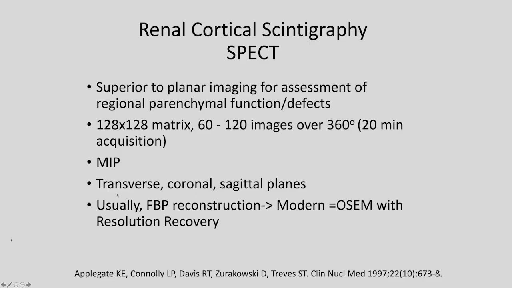Typically, in the recent past and even today, reconstruction is done by filter back projection. However, modern systems provide reconstruction with OSEM, with resolution recovery, which is superior, as I will show you in a moment, to filter back projection.